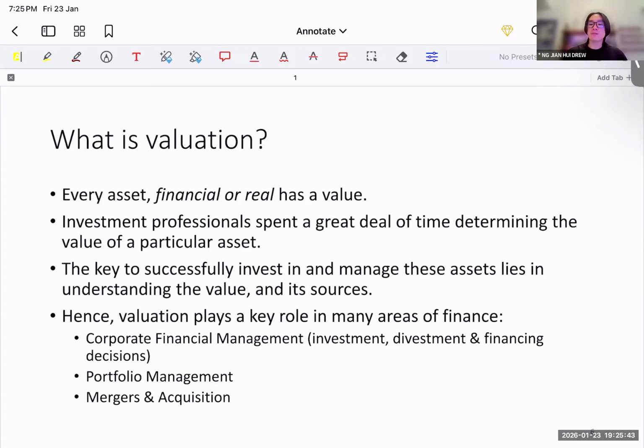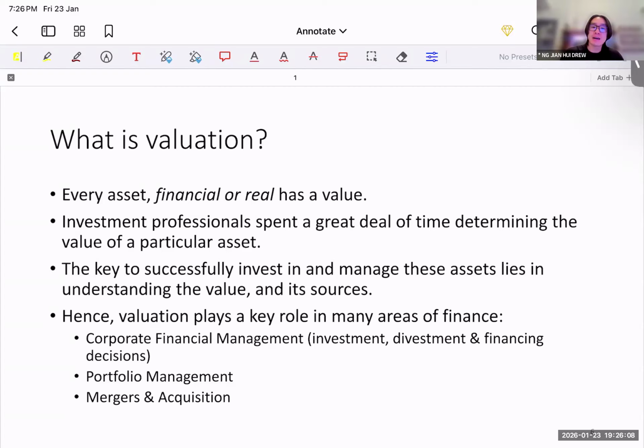In terms of valuation, the broad idea is quite simple. Any asset, whether it's a financial asset or physical asset, has some kind of real value, which you can call intrinsic value. And the idea of valuation is to try to determine this real value of the asset.